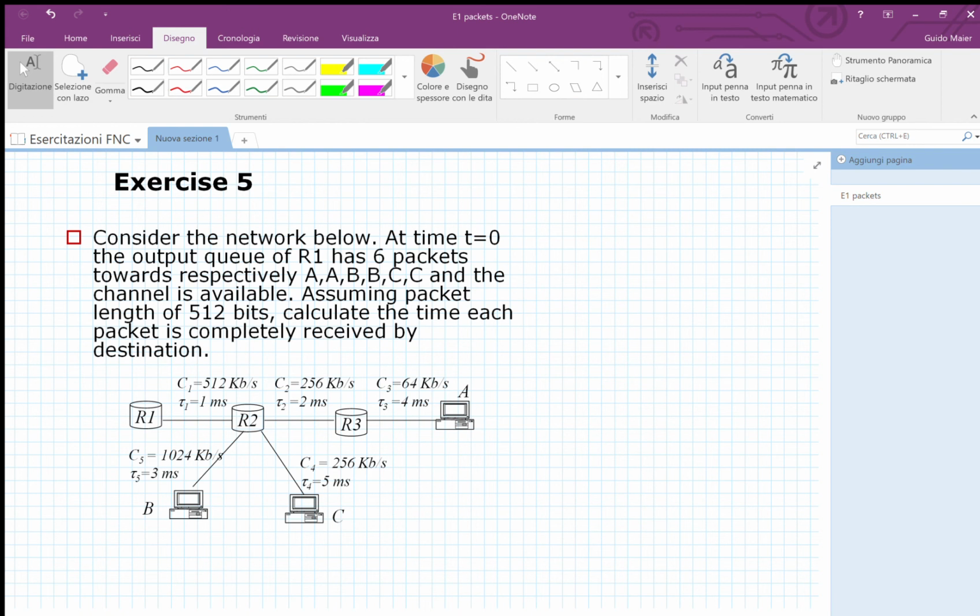The ones that are going to B and C are only taking 2 hops. Packet size is always 512 bits, and the interface rates and the propagation delays are there.